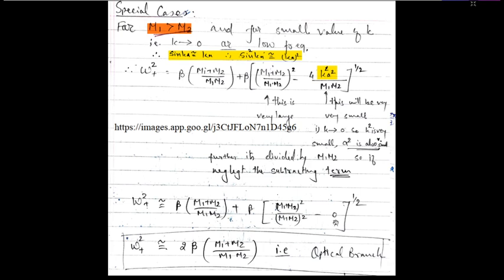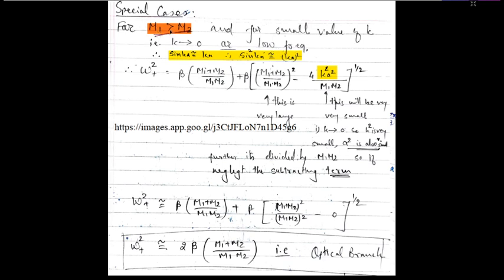If you look closely, this is whole raised to the square, raised to 1/2, and this factor becomes 0, then you can directly take the root, and it is simply a repetition of the first factor, so it is just doubling of your first factor: twice beta m1 plus m2 upon m1 into m2. This is the optical branch for low frequency.